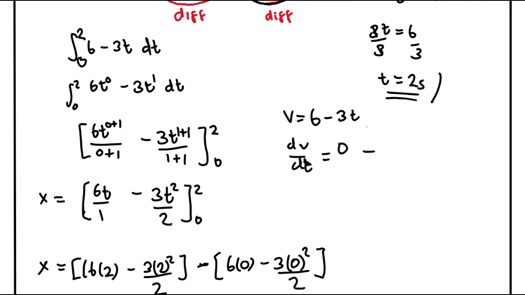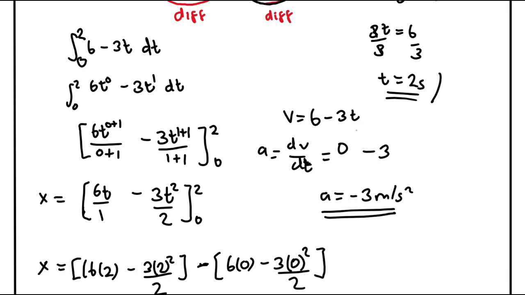When we differentiate negative 3t, we get minus 3. Because it's t to the power 1, the 1 drops, then it will be 1 minus 1, 0. So this becomes the equation of acceleration. Therefore, acceleration is equal to negative 3. And the units are meters per square seconds.